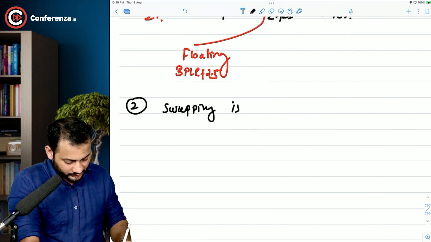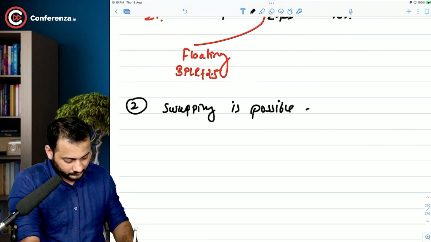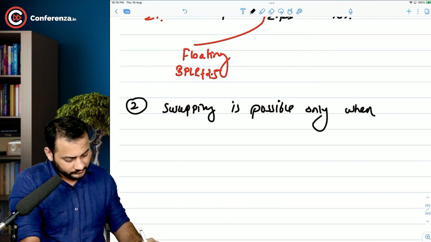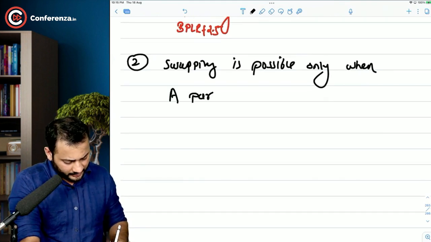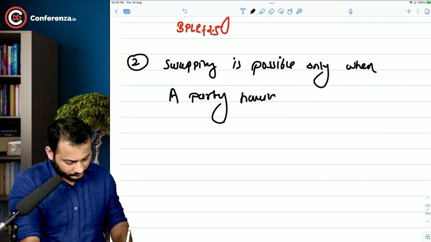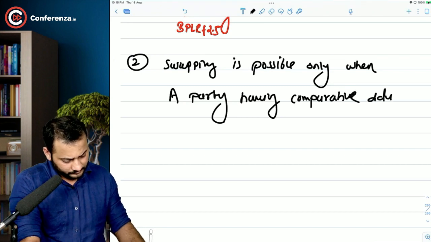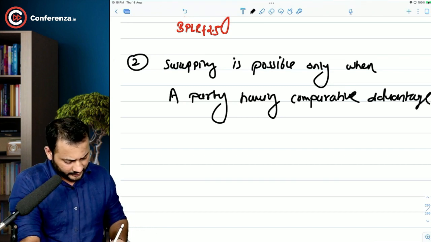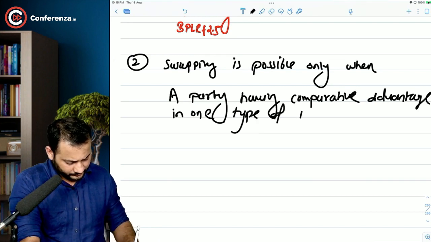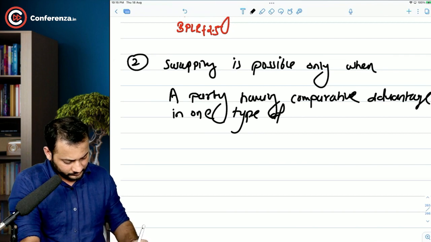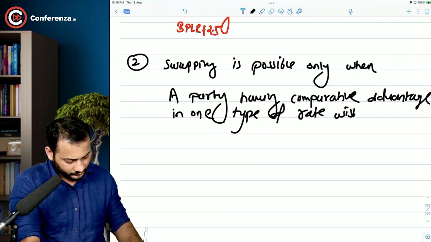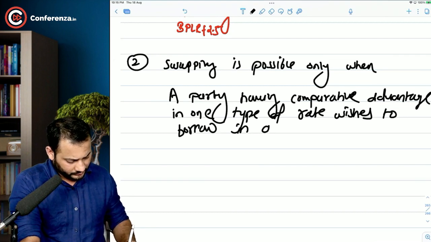Swapping is possible only when a party having comparative advantage in one type of rate wishes to borrow in another type.